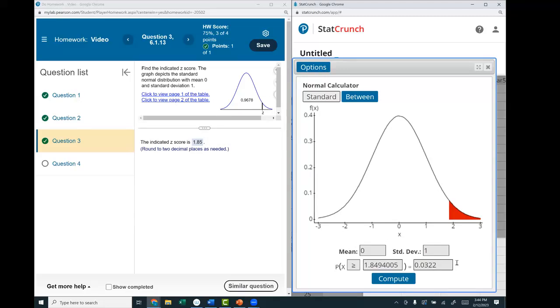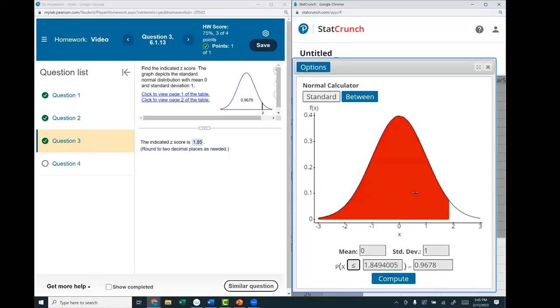If I add this number here, which is my probability, to 0.9678, we should have 1, because that's the total probability. So if I add the area on this side plus the area on this side, it's 1. When I make it less than, notice this is where most of the area is. Okay? And they're going to always give you these tables. You don't need to use them.